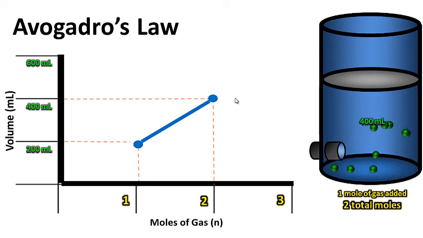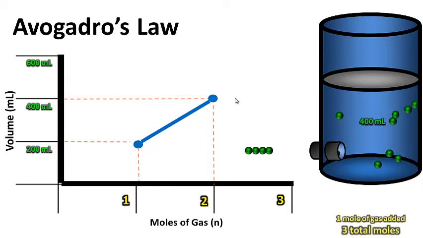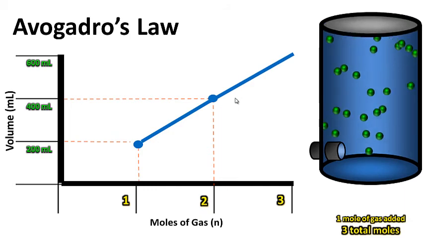What do you think is going to happen if we add 1 more mole of gas? How do you think this will affect volume? In other words, let me rephrase that: what would happen if you just blow more air into a balloon? How would that affect its volume? Think about it. We're going to add 1 more mole of gas, so now we have 3 moles of gas total.